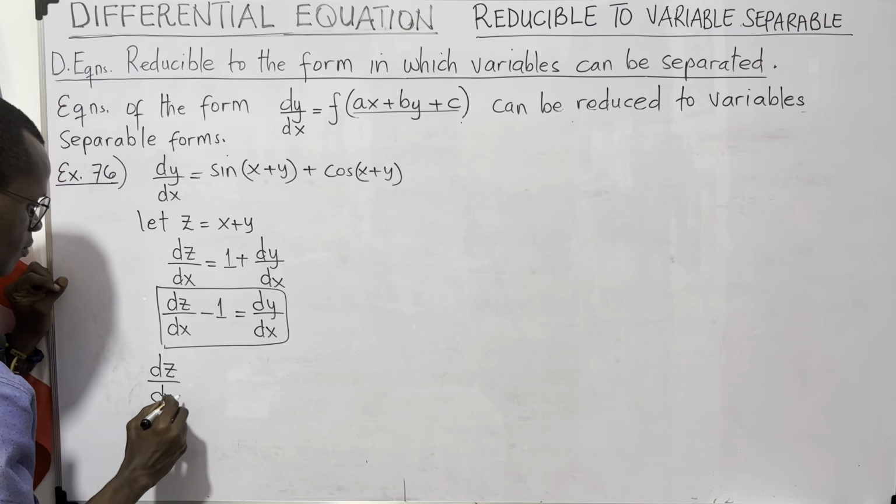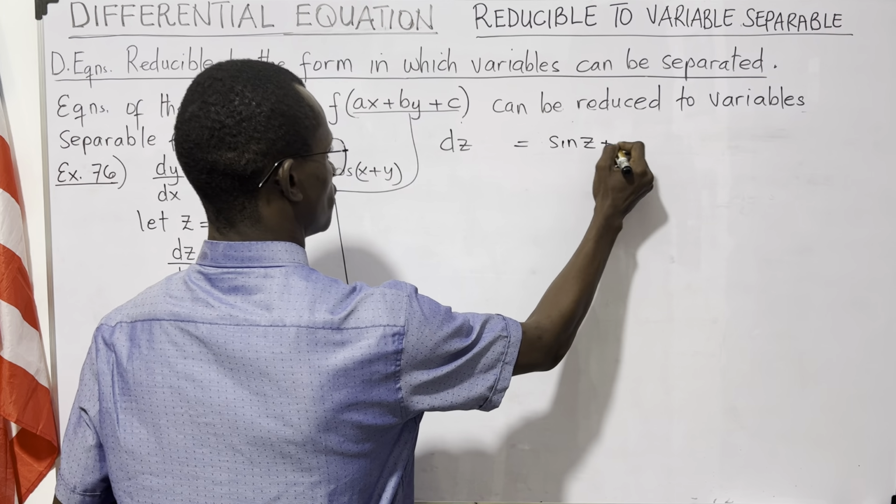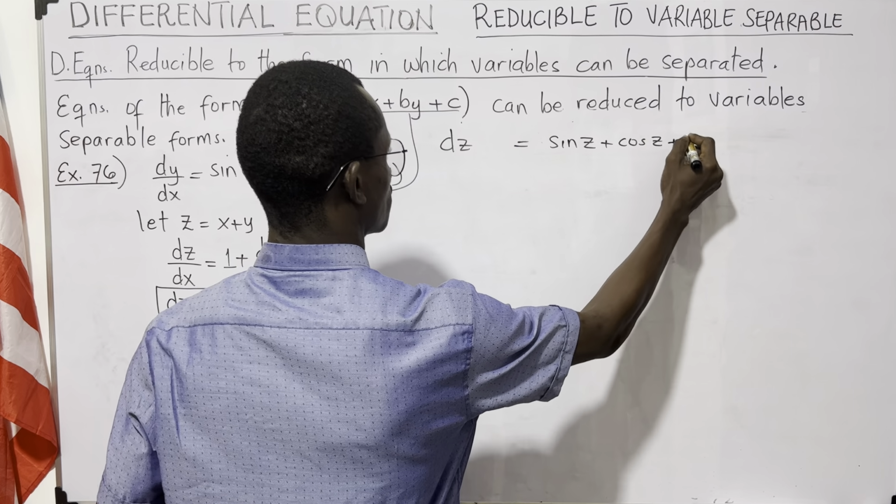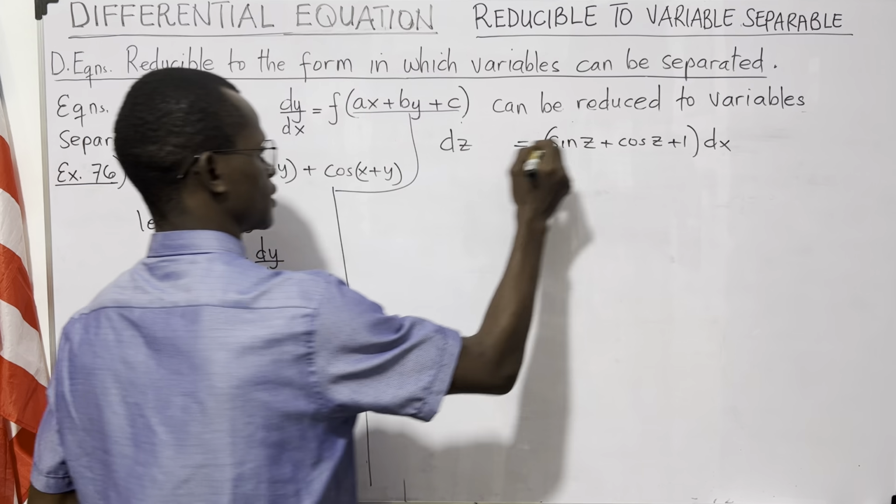So we send this one across and separate the variables. So we have dz equals sine of z plus cos of z plus 1 times dx.